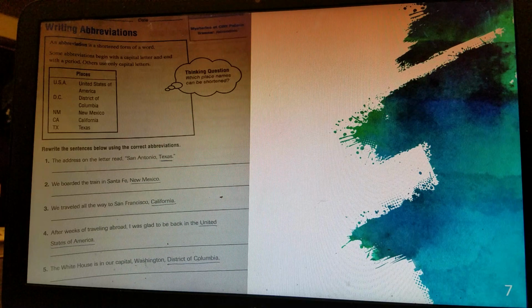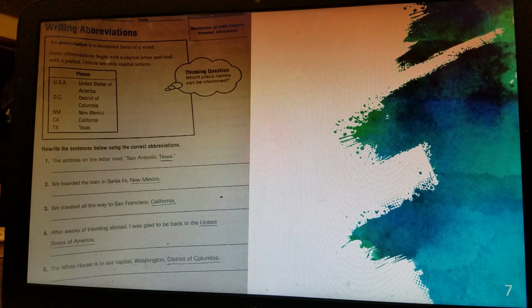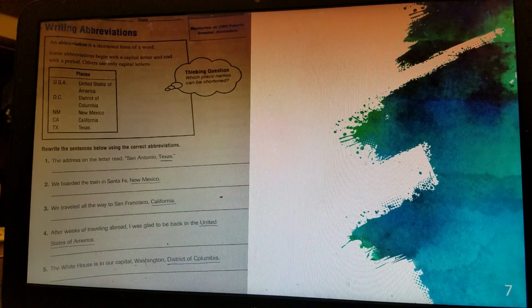The address on the letter reads San Antonio, and then Texas should be abbreviated with 2 letters, TX with capital letters. On number 2, we boarded the train in Santa Fe, New Mexico. New Mexico is NM, and you have the abbreviations in the box on top.